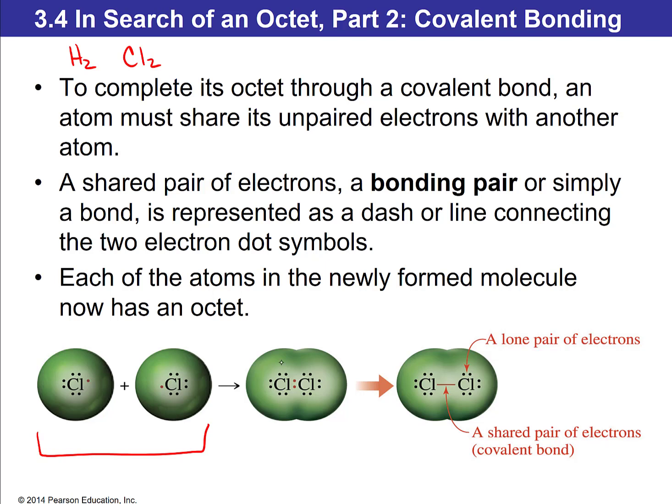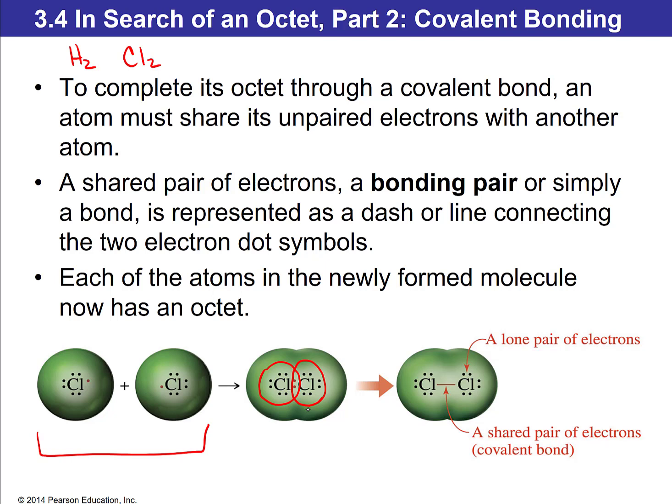It allows this chlorine to behave like a noble gas, like argon, because by sharing, it's as if it has its 8. Same thing with this chlorine. So it also has its 8. The line that you see between the two chlorines is a single covalent bond.